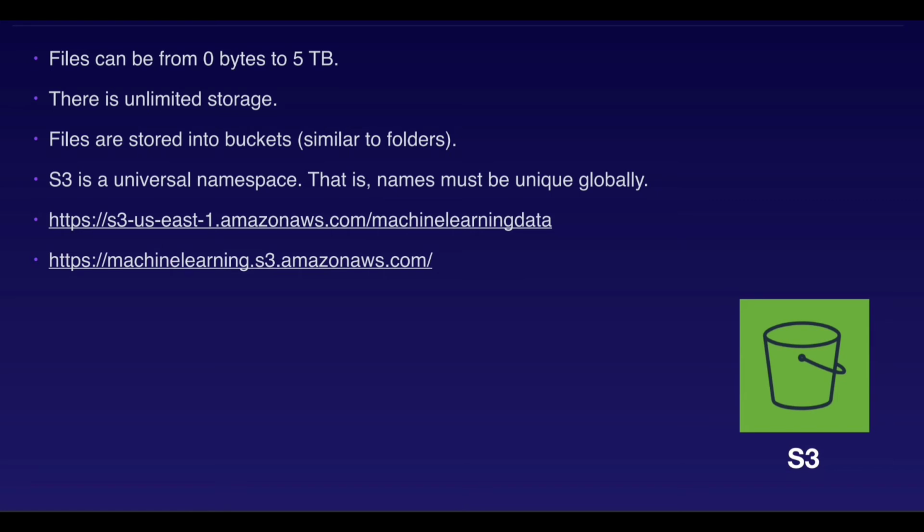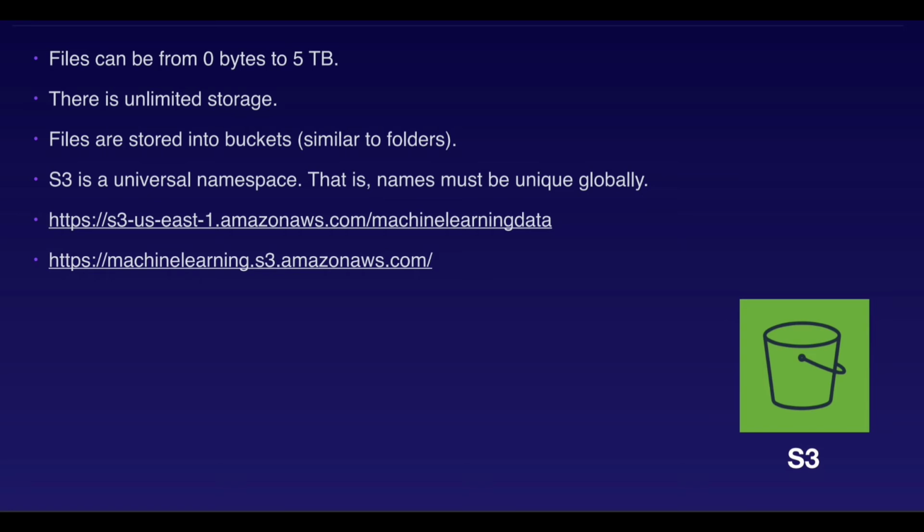S3 objects or files can be from 0 bytes to 5 terabytes and there is unlimited storage. And what I mean by unlimited storage is AWS monitors how much data is on S3 and if it looks like they are hitting a threshold or getting close to hitting a threshold, they will provision more resources so there is enough space to store all of your data.